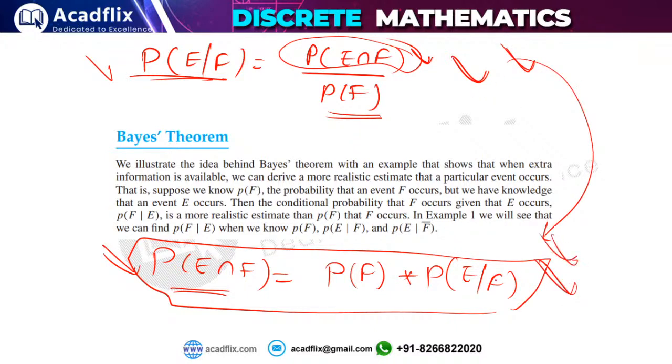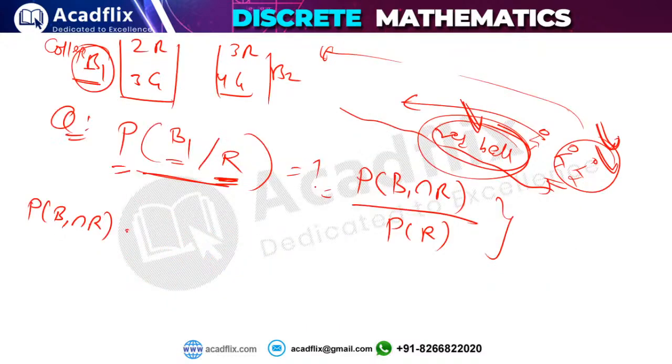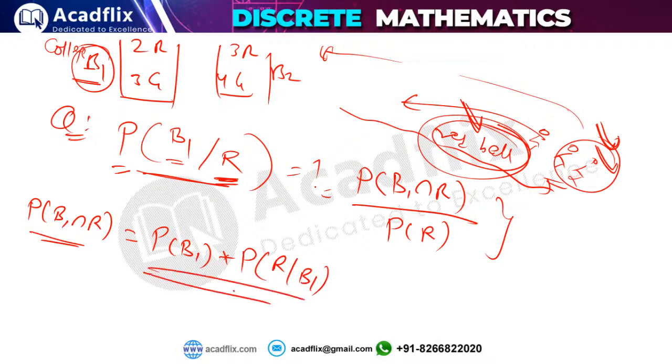Now let's see what this probability of B1 intersection R will be. We can solve it very easily. This will be probability of B1 multiplied by probability of R given B1. This is how you can solve it. Is it clear? What is probability of R given B1?